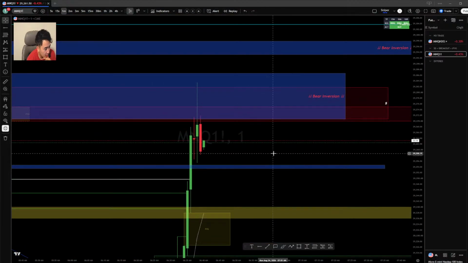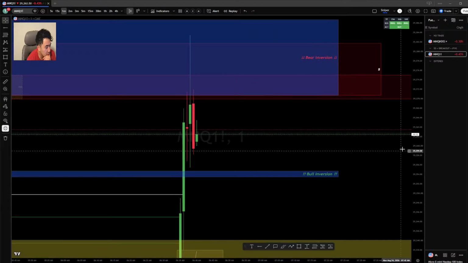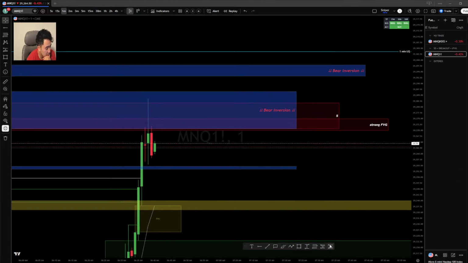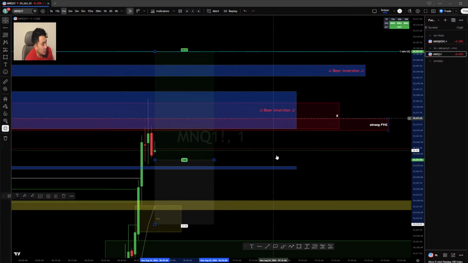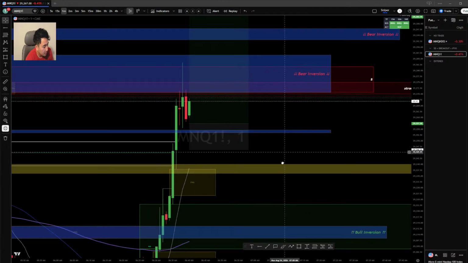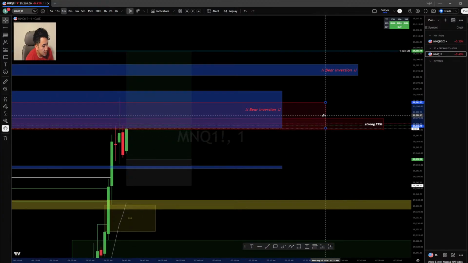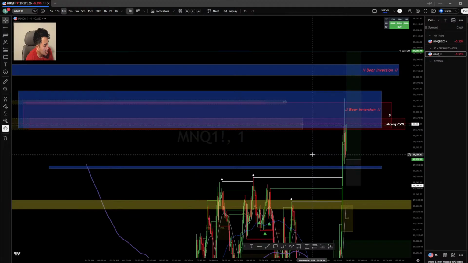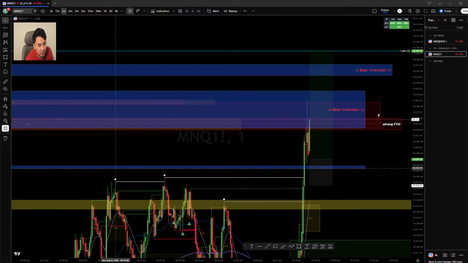Let's see if we get a pullback into this bullish inversion zone right here and see if price could respect it and look for a long position, targeting this 1 minute liquidity up here. We'll see. It's got a lot of structure, actually. 5 minute gap, yeah.